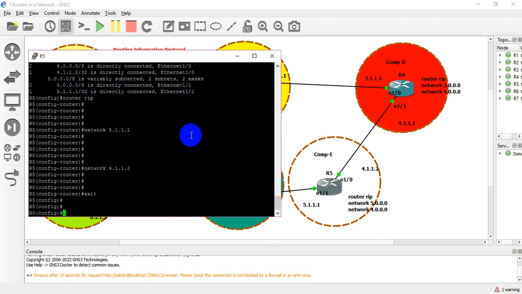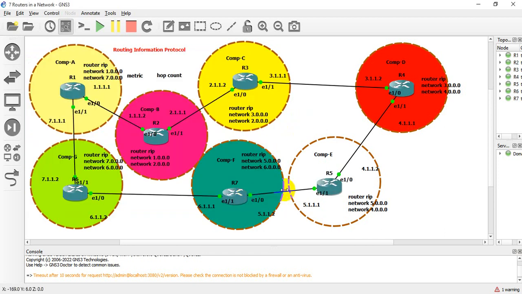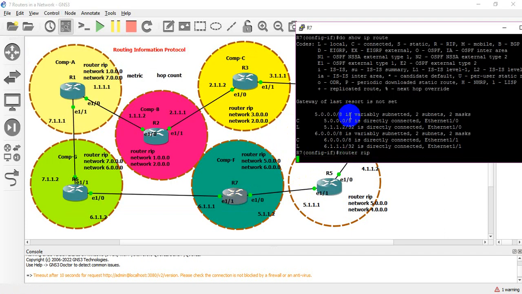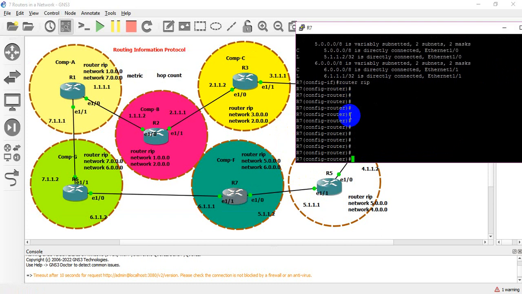It's not compulsory to give just the network ID. You can also give the IP address as well. So finally, the IP is going to be configured on all the companies' routers.